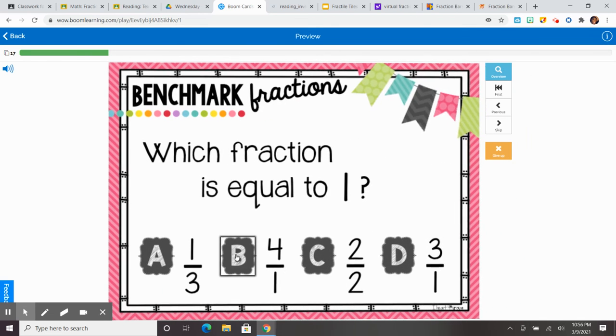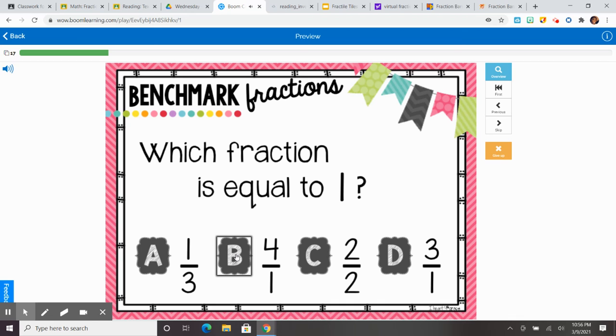It is half. And even with this one, it says which fraction is equal to 1. Which one of these, remember, in order for a fraction to be equal to 1, the numerator and denominator have to match. Right here, you have a 1 as the numerator and a 3 as a denominator. So I know that they obviously don't match. 1 and 3 are not the same numbers.